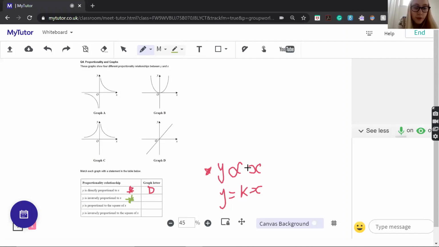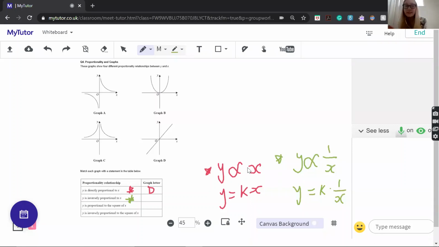Let's have a look at this one. Y is inversely proportional to x. Again, let's just think about what that means. Remember, that means it's proportional to 1 over x, and that means y equals k lots of 1 over x. That little dot that I did just means times. So this is the same as y equals k over x. So this is going to look like some sort of 1 over x graph.